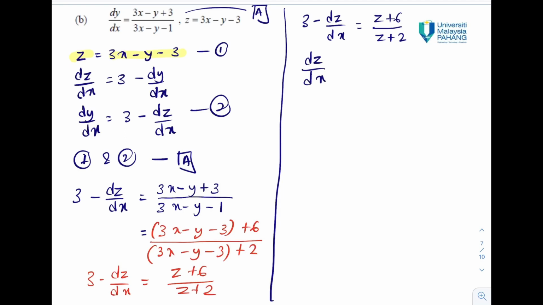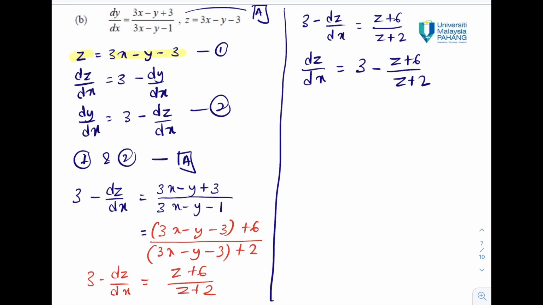I hope you can see what I'm doing. Okay, I move the dz/dx to the other side, but I switch back the left side. Okay, whatever, this is the result. I will have 3 minus z plus 6, z plus 2. Okay, done.